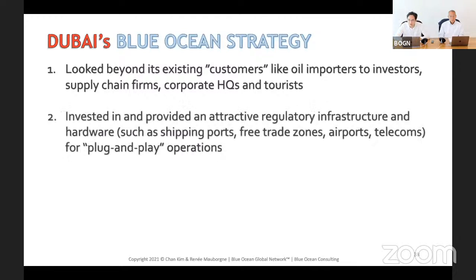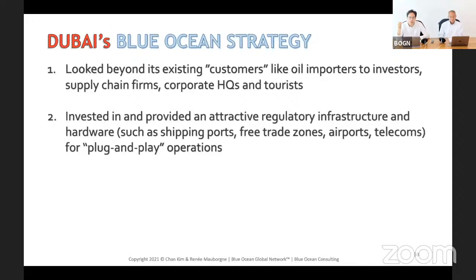So what did Dubai do? They invested in and provided a very attractive regulatory infrastructure. They spent a lot of money in the late 20th century and even in the early 2000s developing their shipping ports, their airports, their telecommunications systems, their electricity systems, and especially these free trade zones.